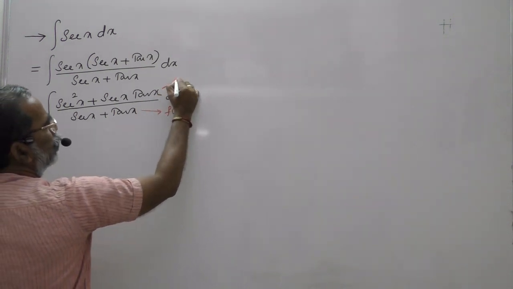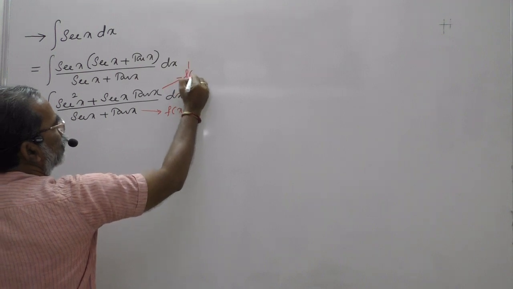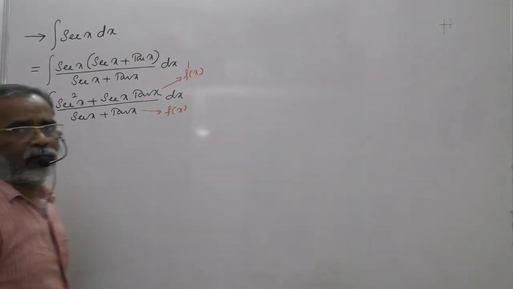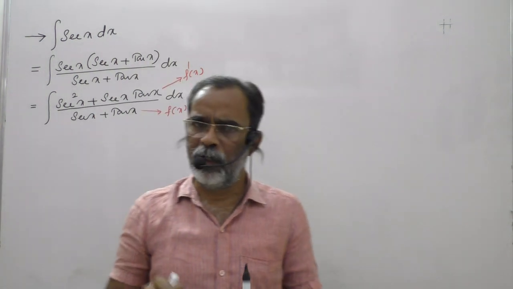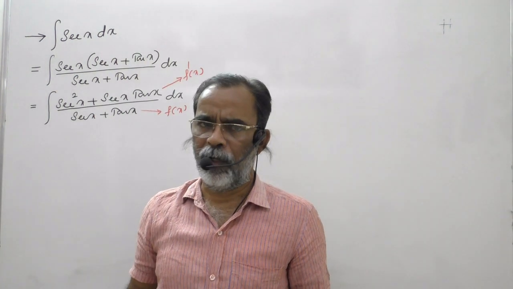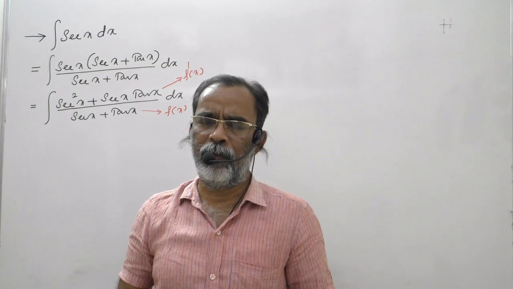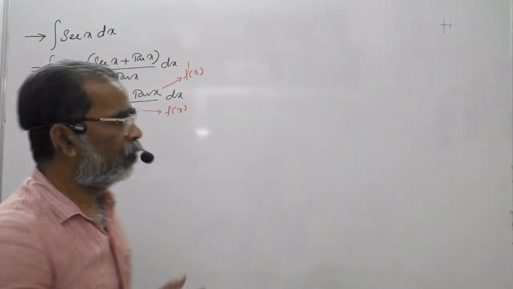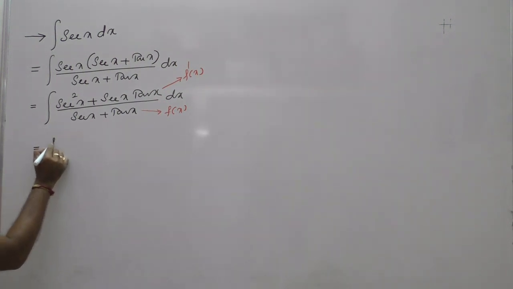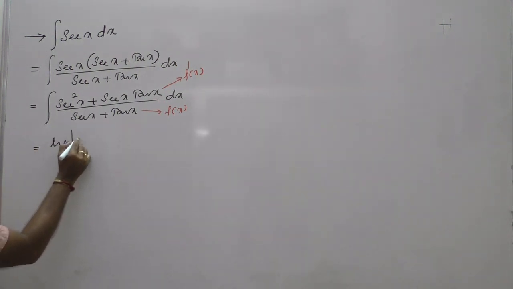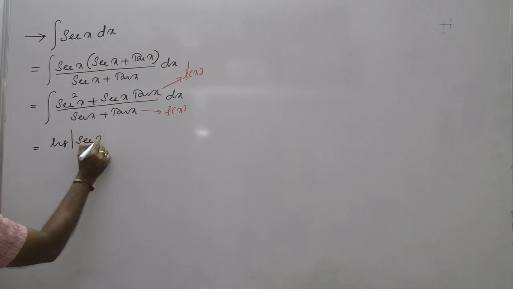Then what is this numerator? It is f dash x. Now it is the integral of f dash x by f x. Can I apply the integral of f dash x by f x? Yes. What is the integral of f dash x by f x? It is log of mod f of x.